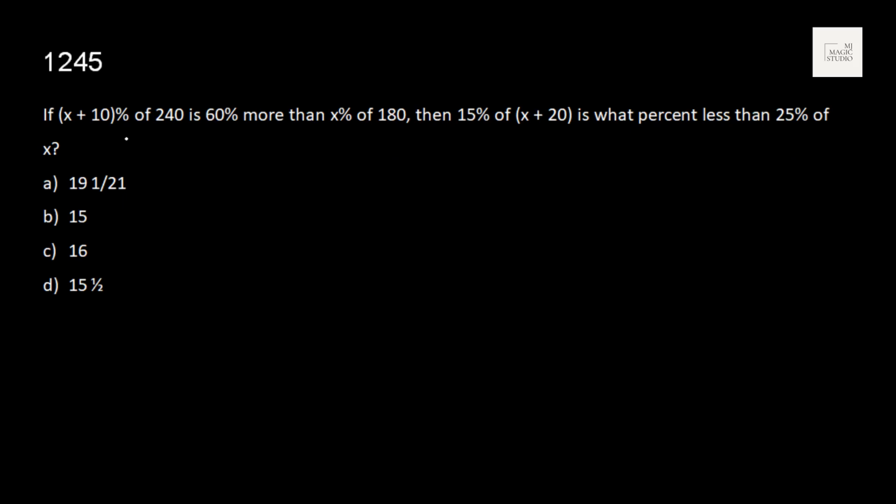If x plus 10% of 240, that is x plus 10 by 100 into 240, is 60% more than x percent of 180. 60% more than means it is 1.6 times. 1.6 times of x percent of 180.